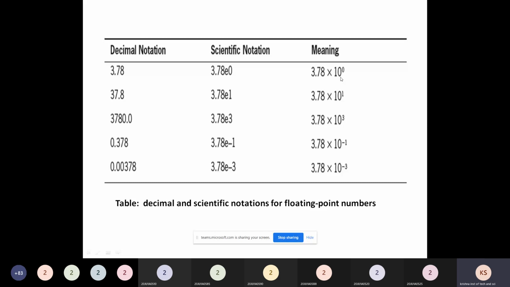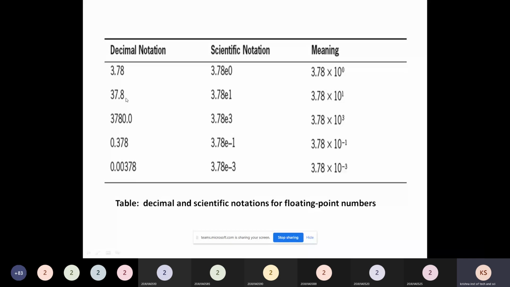Now 37.8: how can you write it in scientific notation? 3.78 e power 1, because the point is moved before the 7, which means 10 to the power of 1. Multiply 3.78 into 10 to the power of 1 and you get the 37.8 value.